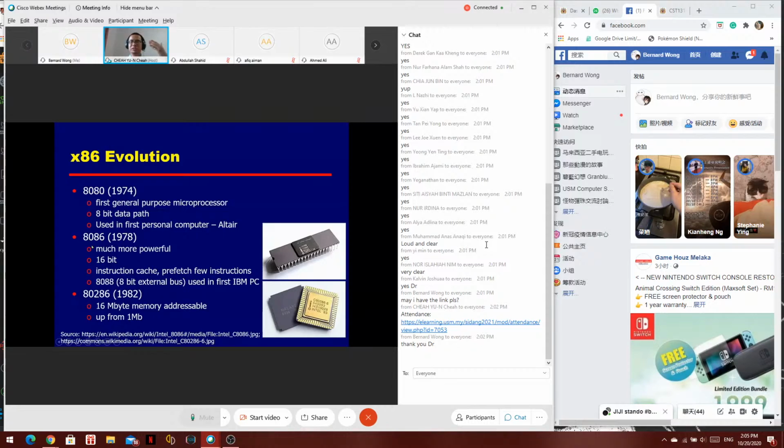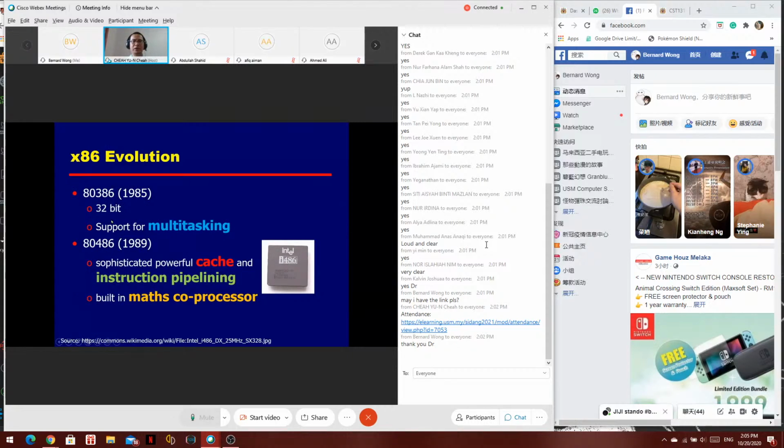After that, 8086, then the 286 machines. It evolved from 8 bits to 16 bits and so on. With the increasing number of bits, the addressable memory also increases. So the more bits the architecture has, the larger the memory space that it can address.